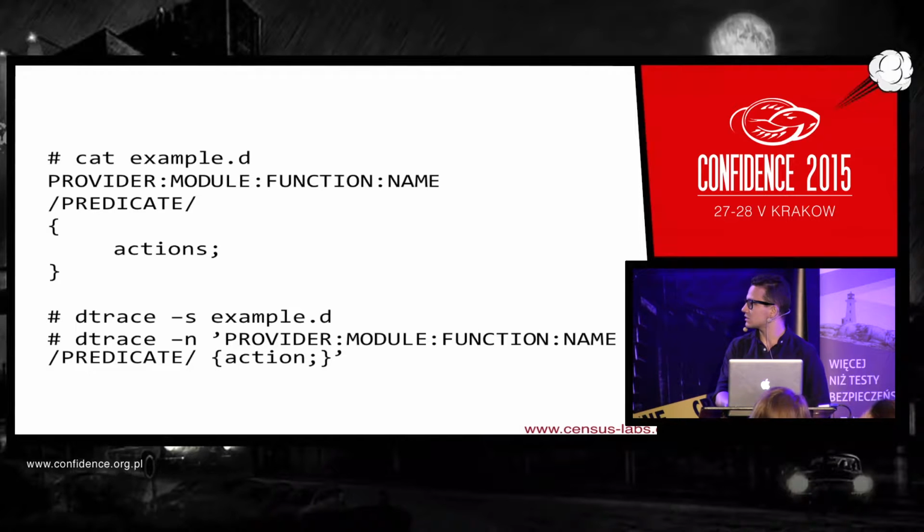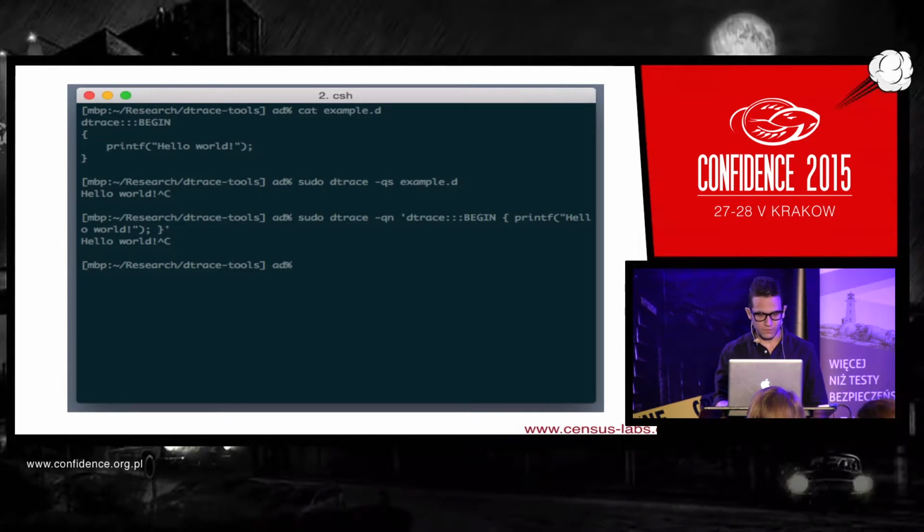and you have actions. So all that you can also run as a one-liner from the command line. The other one is just a one-liner, but basically does the same. So yeah, that's how it looks like. So for example, here you have a dtrace provider, and two fields are just left out, module and function, and you have a BEGIN.